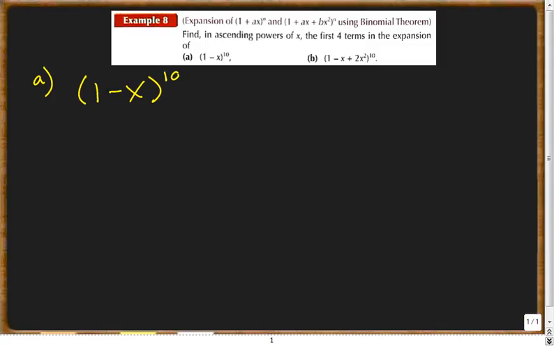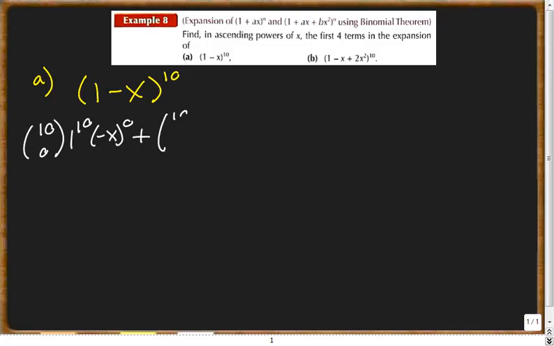So it all relies on that number there, your exponent, and so we use that to our advantage to build our binomial. It says to use the first 4 terms. So for this one right here, we would start off with 10 choose 0, times 1 to the 10th power, times negative x to the 0.